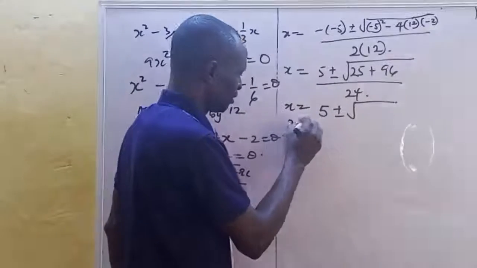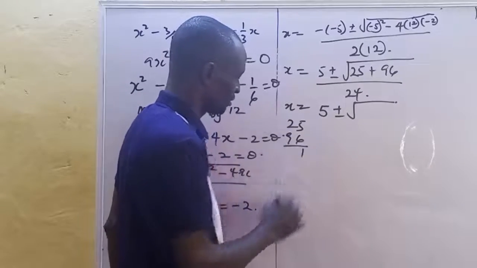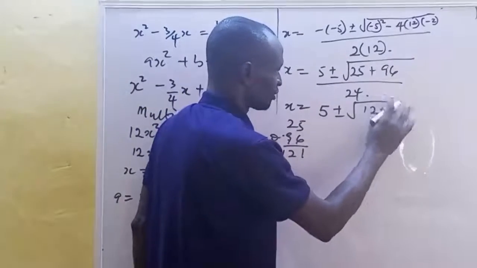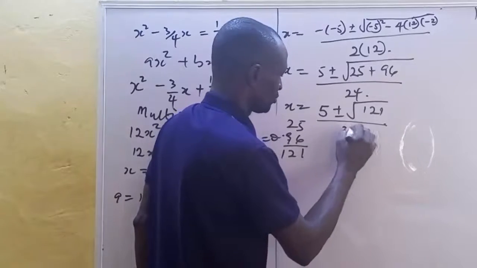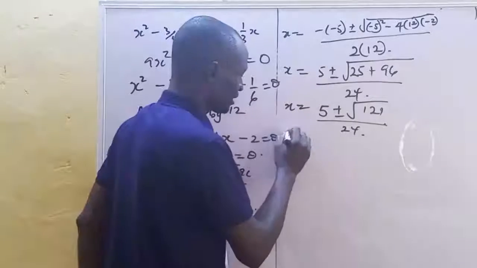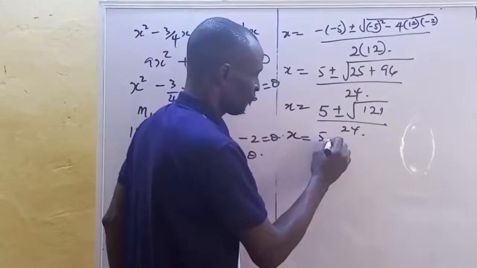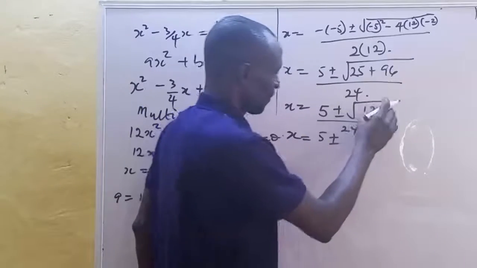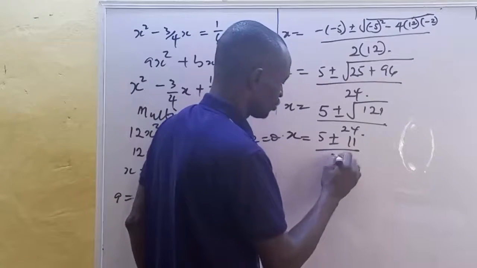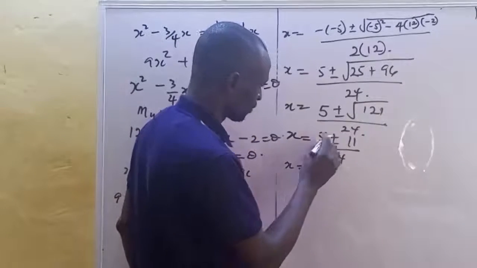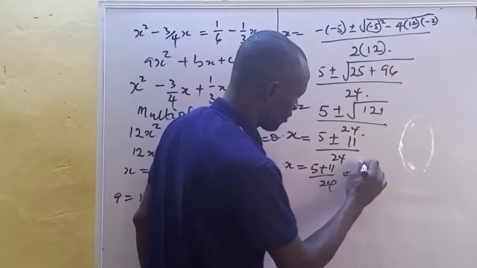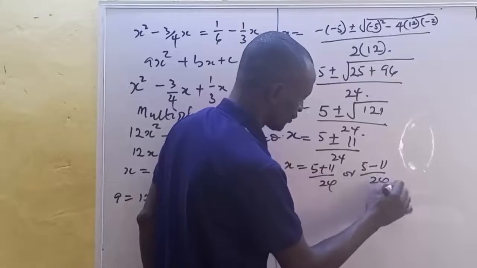Let's sum it up: that's 121, all over 24. So my x now is 5 plus or minus square root of 121, that's 11, over 24.